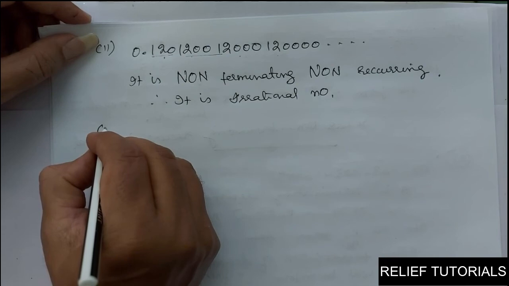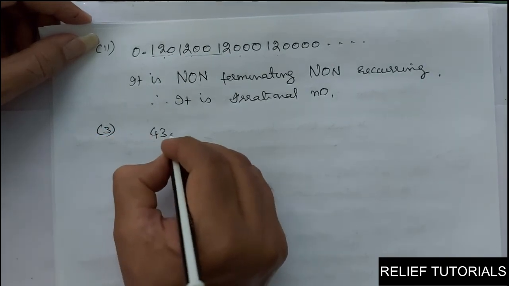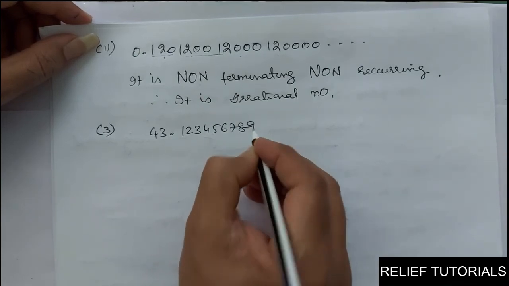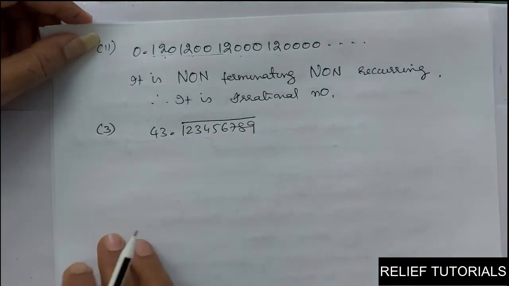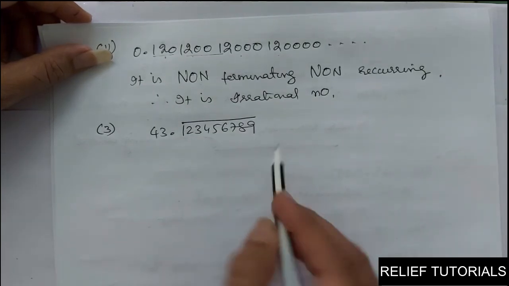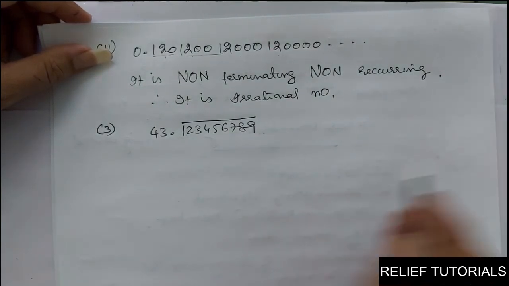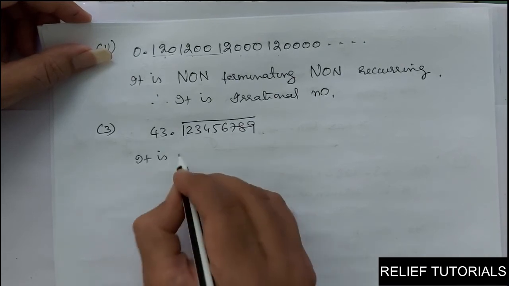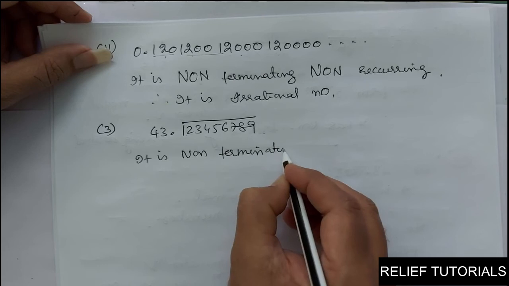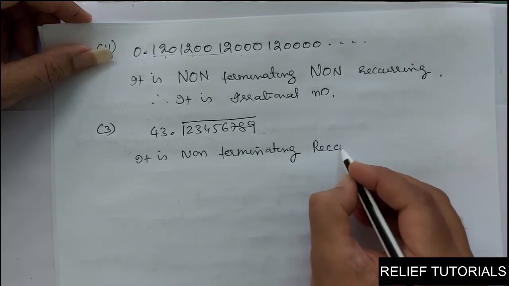Now, third one: 43.123456789 bar. What do you mean by this? It is non-terminating, but this many digits are repeating. So, we can say it is non-terminating recurring.